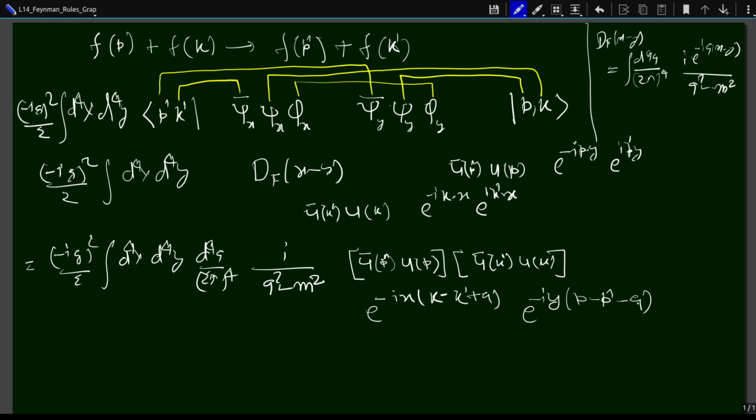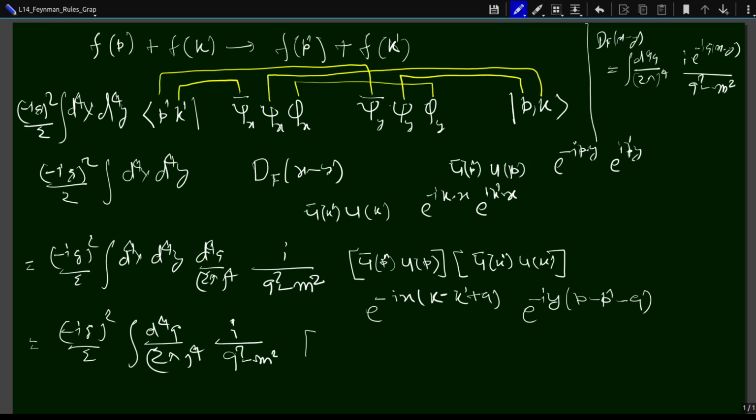Now I say let's integrate out d4x and d4y. Okay, so x appears only in the exponential, so that will give me delta functions. So let me just write it. Minus i g whole square by 2. Actually, I need not carry on the 2. There are two such diagrams which will add up, but let's focus on one term completely. And I have d4q by 2 pi power 4, i by q square minus m square.